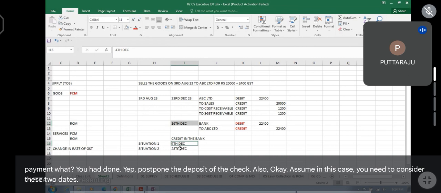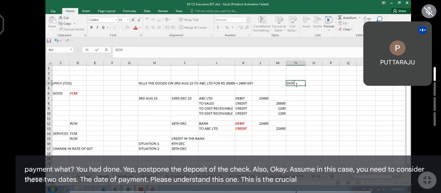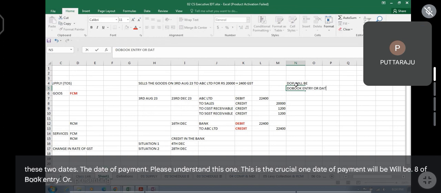The date of payment, please understand this one. This is the crucial one. Date of payment will be date of book entry or date of credit in the bank, whichever is earlier.